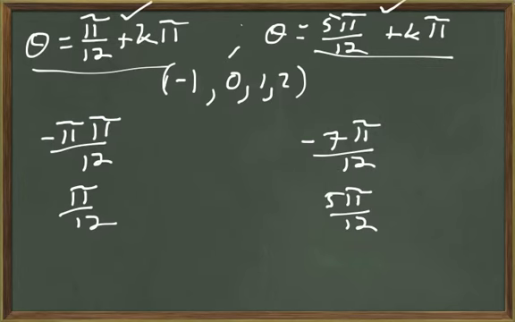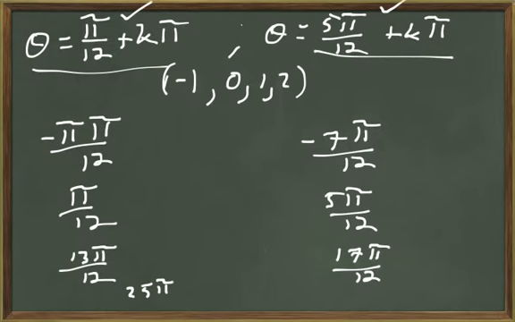You plug in a 1, you end up with 13 pi over 12 and 17 pi over 12. Plug in a 2, you end up with, I believe, 25. Yeah, 25 pi over 12 and 29 pi over 12. Okay, and so here are some solutions.